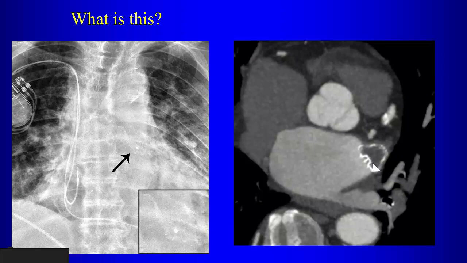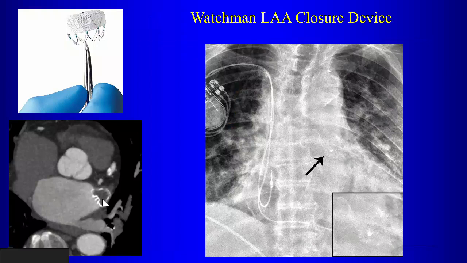This plug goes into the mouth of the left atrial appendage, and it's the same idea. It's for patients who have atrial fibrillation. It's to exclude the left atrial appendage from the blood pool so that any clots that can form in there would not get out into the systemic circulation. Okay? So that is a Watchman, a left atrial appendage closure device.